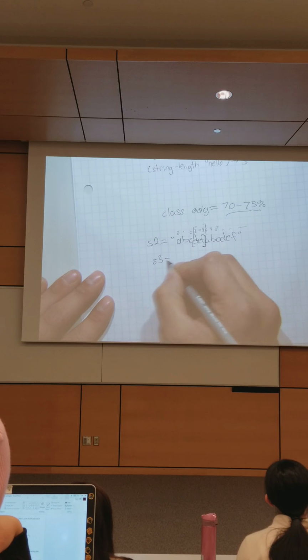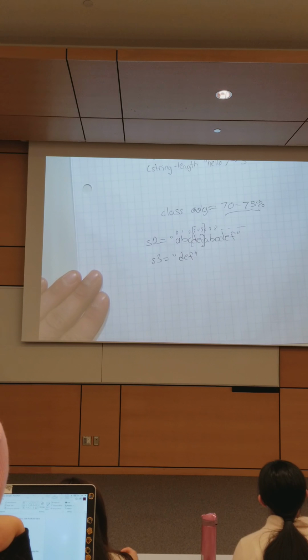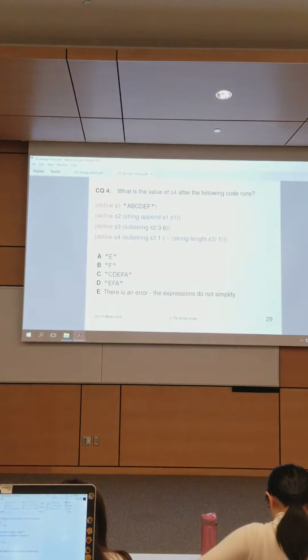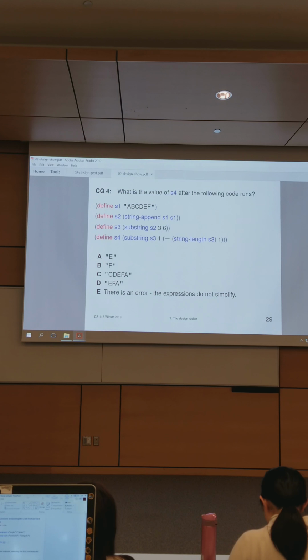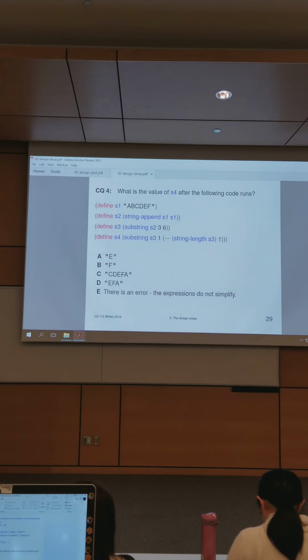So S3 equals D, E, F. Okay? Then we have S4 as the substring of S3 from 1 to string length of S3, 1 minus that.